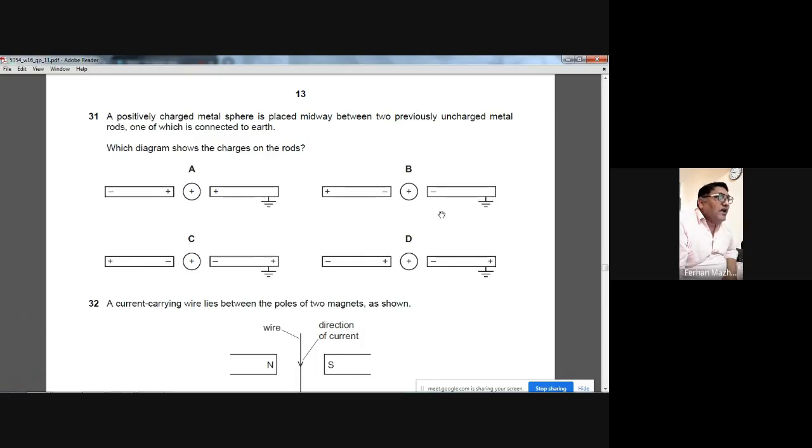Because you have connected this end with the earth, the electrons from the earth will come here and neutralize this portion. So this end will be neutralized. This will be negative, this will be positive. The best choice to me looks like B, 31 B choice.